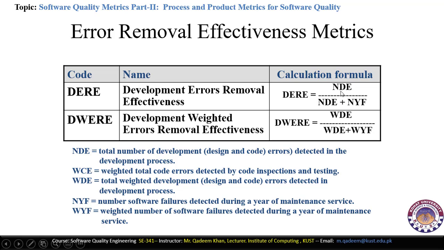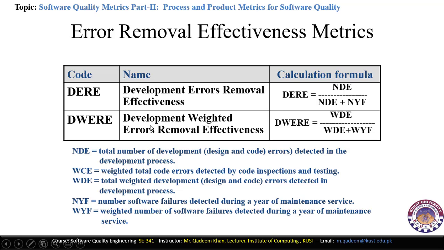NDE is the total number of development design and code errors detected in the development process, while NYF is the number of software failures detected during a year of maintenance service. So these are used for the identification of errors and then correcting different errors.